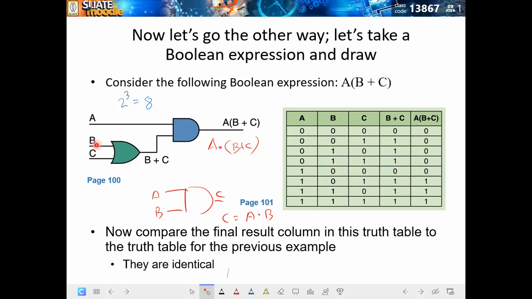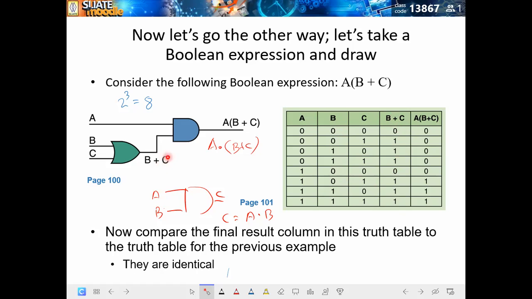If both are false, the output is false. If one of them, here C, is true, the output is true. Here B is true, so the output is true. Here both are true, so the output is true. Here both are 0, so the output is 0, according to the conditions.